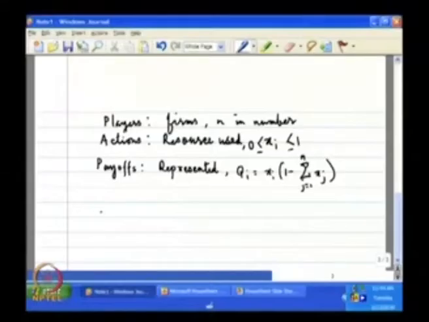So, if I have to compare this with the Cournot model that we have seen before, what are the parallels? Remember, in the Cournot model, the firms were maximizing their profit. So, that pi i, the profit of each firm, is equivalent to qi here, the output that each firm is producing.